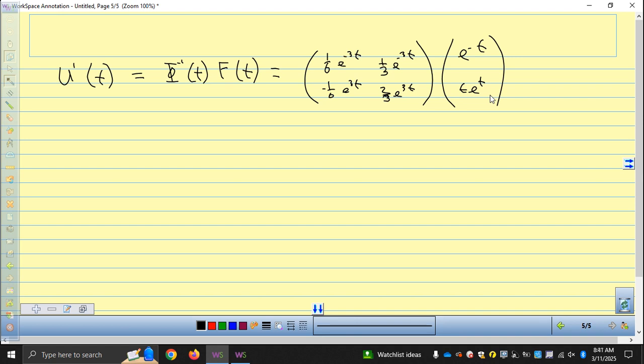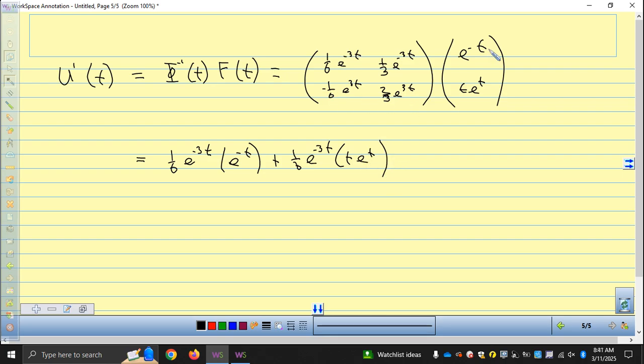And I'm going to write this out explicitly, my multiplication. So u prime is first row times first column. So I get 1/6 e to the negative 3t times e to the negative t plus 1/3 e to the negative 3t times t e to the t.